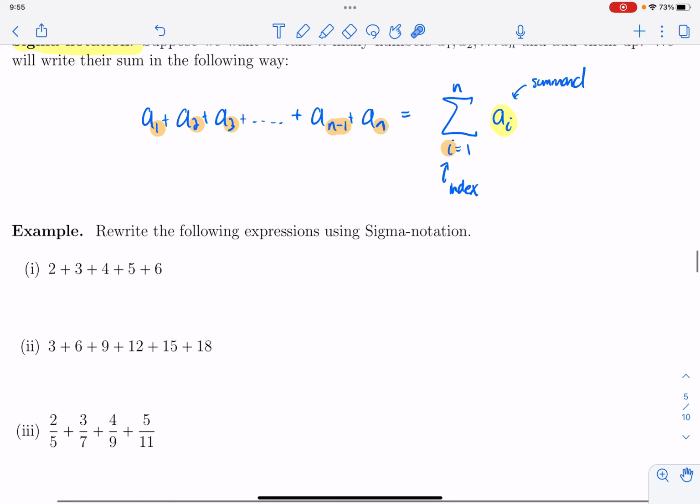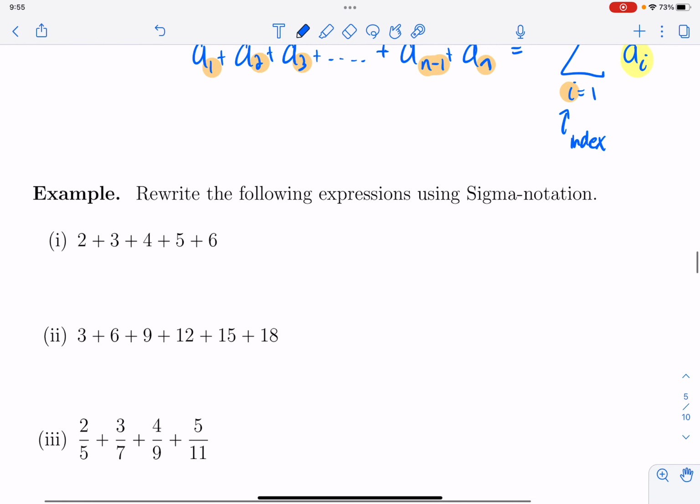So let's do some examples here so we can understand how this works. So here, for example, I'm adding up a bunch of even numbers. So I'm going to write this as sigma, some index, and now what I need is some formula that returns even numbers.